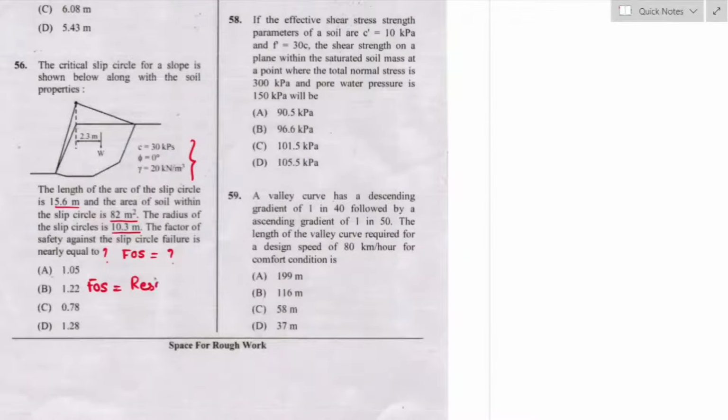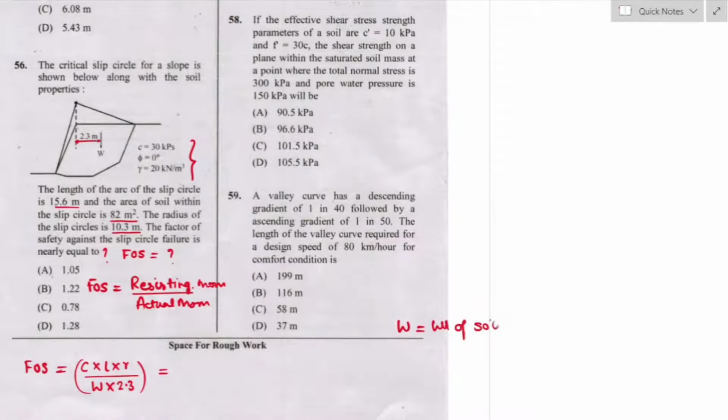Factor of safety is determined by resisting moment divided by actual moment, where resisting moment is given by the formula C into L into R, and actual moment is the total weight multiplied by the horizontal distance, where W is the weight of the soil inside the slip circle, which is equal to area multiplied by its unit weight.